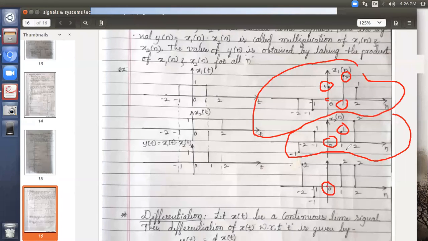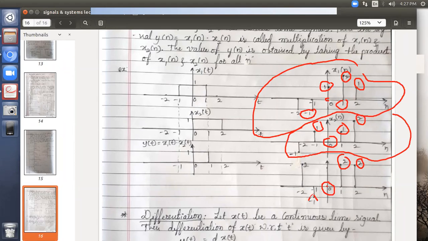2 into 1, you will get 2. Here amplitude is 1, amplitude is 2. 1 into 2, answer is 2. Now coming to the left hand side, it is minus 1 into plus 1. Minus into plus, you will get minus. 1 is the value. So minus 1.